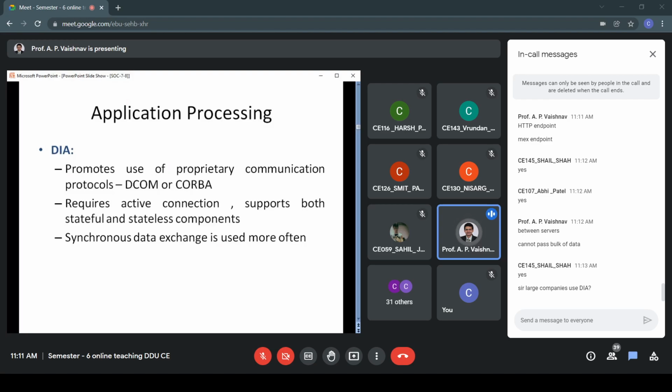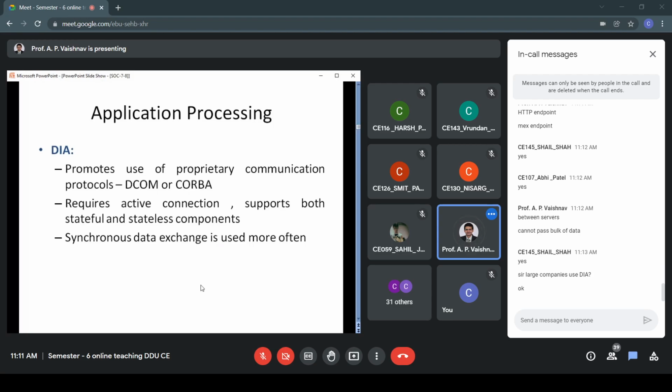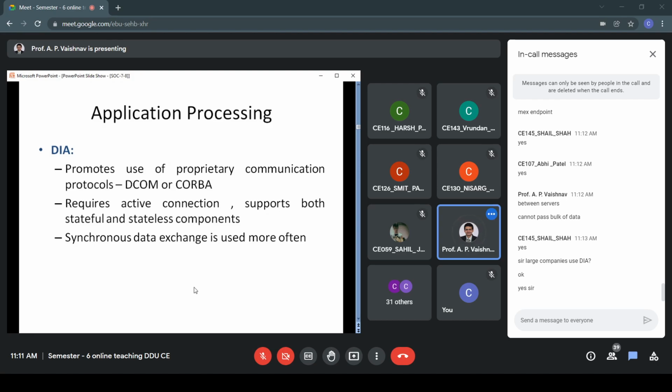Large companies use DIA. Yes, if you have a large solution, it must have a DIA, right? Obviously, but DIA has problems, right? So I would recommend that if they are using DIA, they should move to SOA as soon as possible, because of all the advantages which we are seeing, right? So that is a transition happening currently, right?